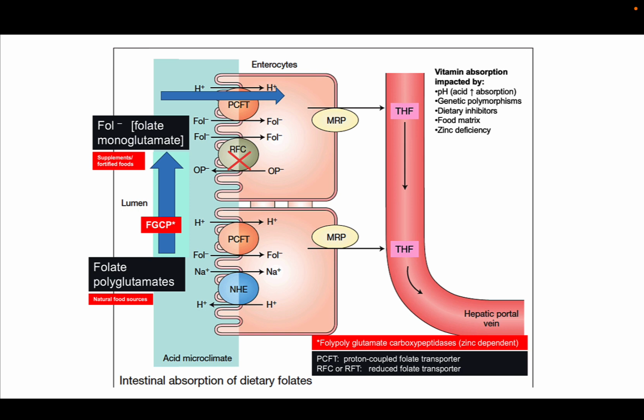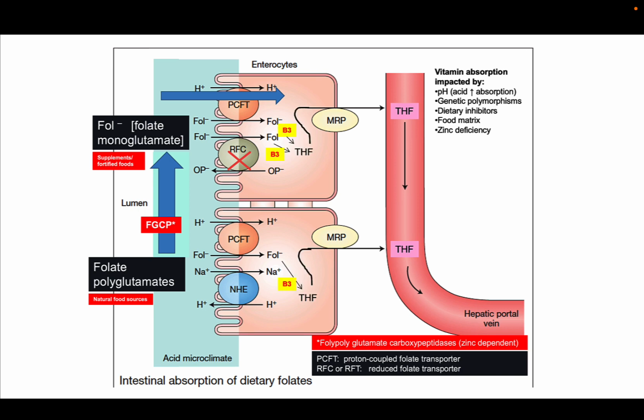Dietary inhibitors, things like in legumes and citrus, can impact the food matrix. If we can't break down the proteins surrounding the folate, then it's not going to be as readily absorbable. And then we've already talked about zinc deficiency being important, particularly for the FGCP, polyglutamate carboxypeptidase enzyme, which breaks down those glutamic acid residues.